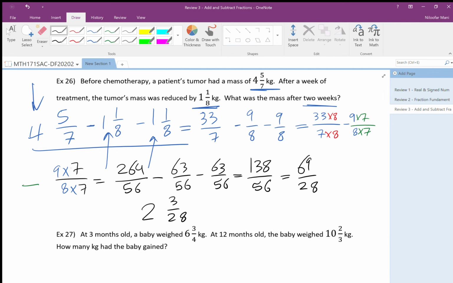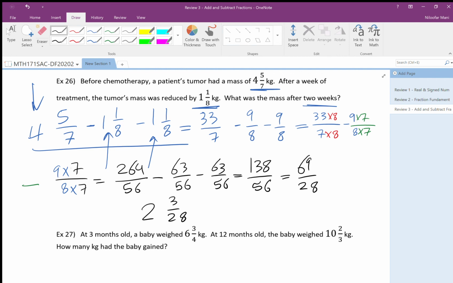So I read the question, I have a starting mass, I have 2 weeks, and each week the tumor is reduced by this amount. So I just subtract for 2 weeks. I subtract twice. I can do 2 multiplied, or I can add them first and then subtract. But let's say I just follow what I learned so far. So I subtract. I change to improper, then I find the least common denominator, then I find the answer.